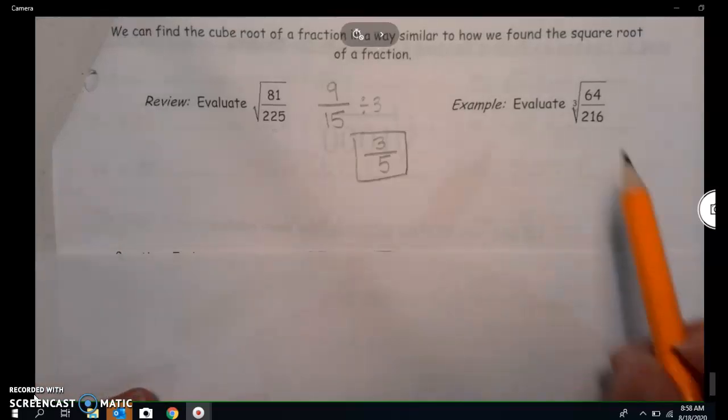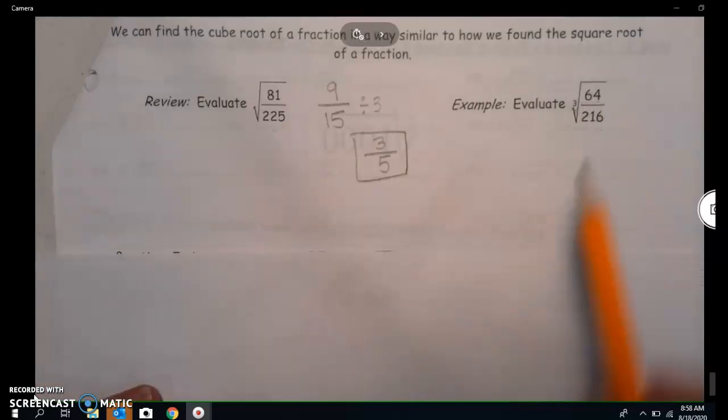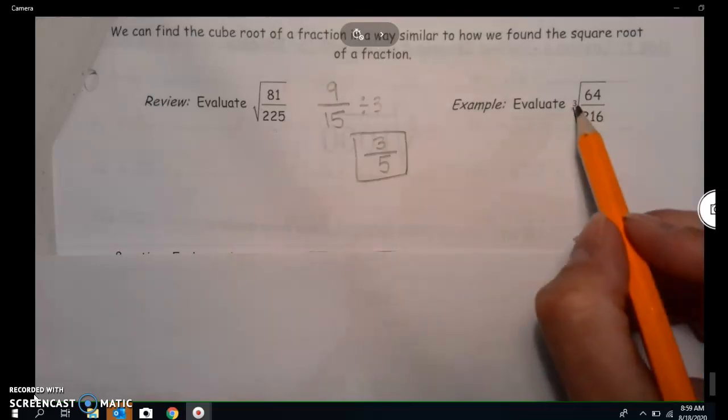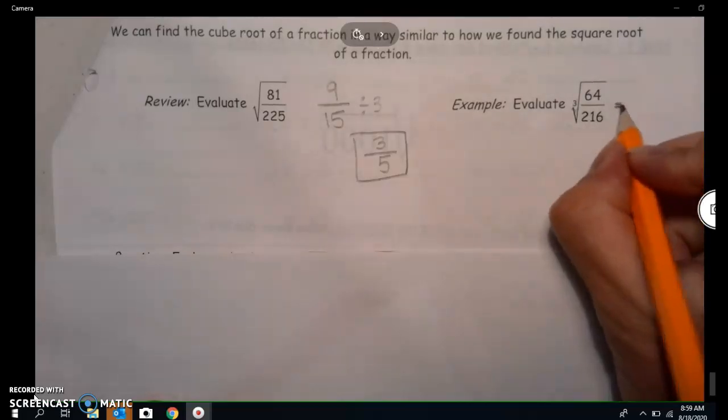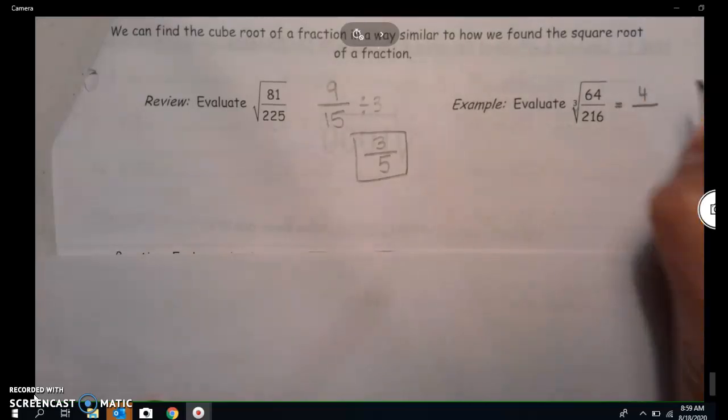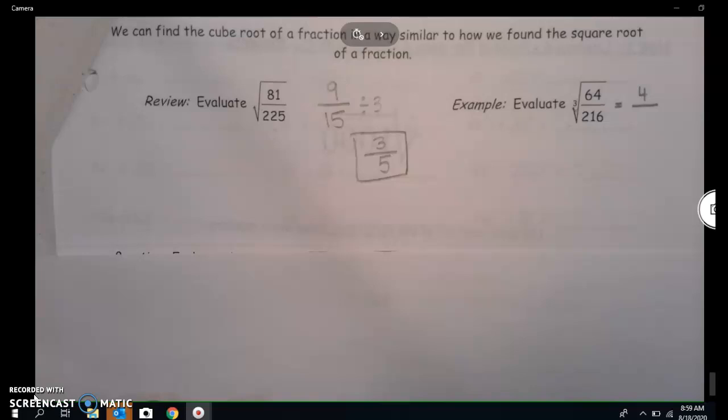Now moving on to this one, cubed root of 64 over the cubed root of 216. So we just take those individually. So the cubed root of 64, so again, what times what is 64? That's 4. And again, you can look at your cheat sheet for that. And then the cubed root of 216. What times what is 216?